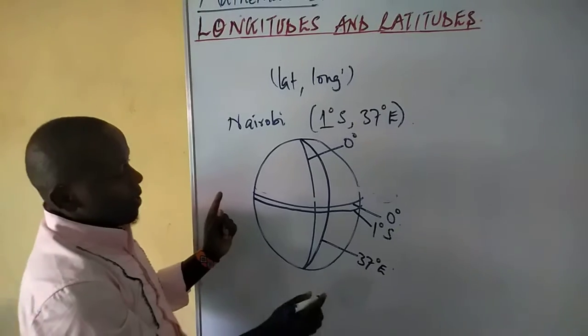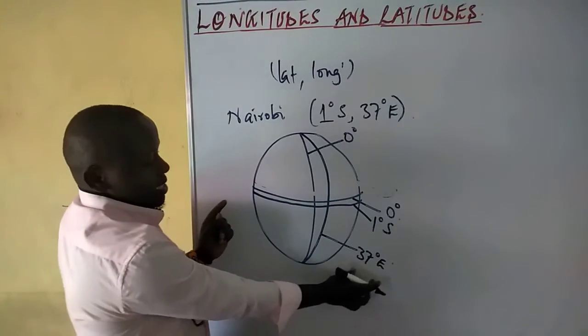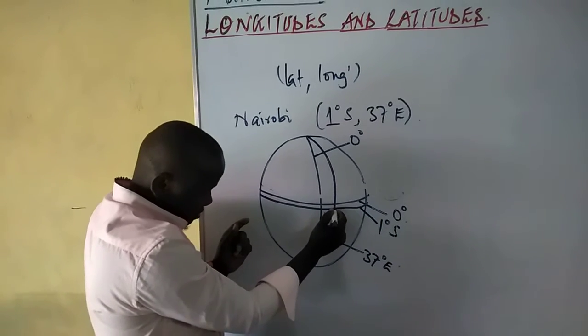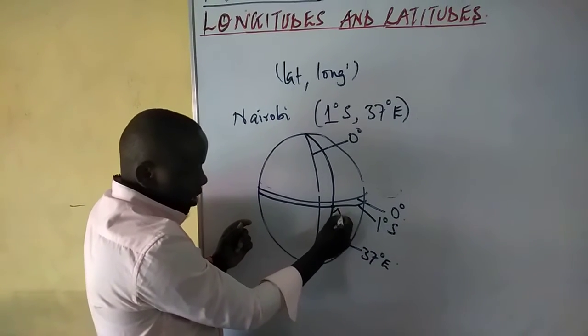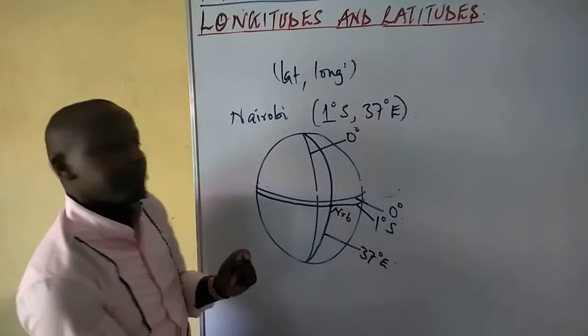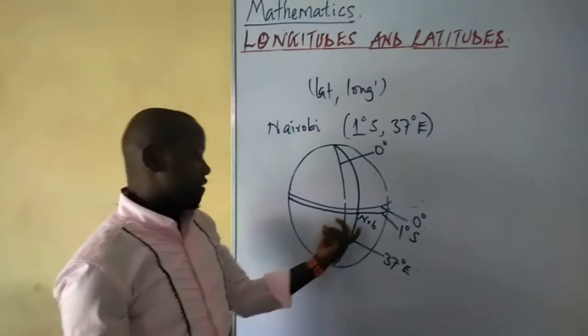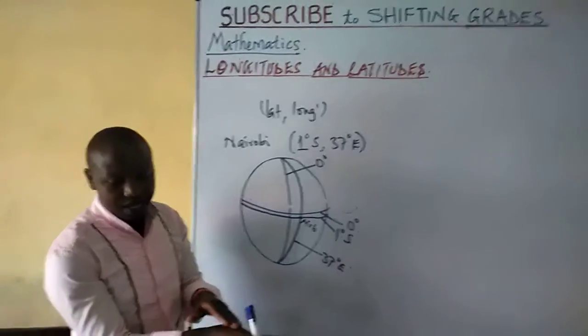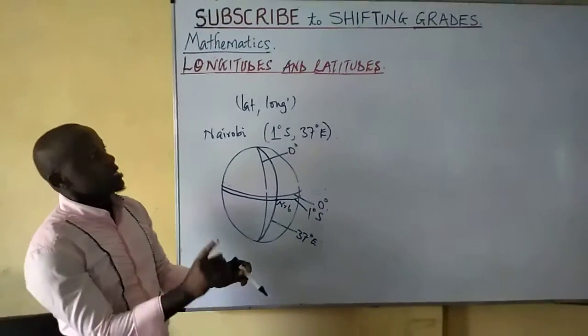Therefore, where the 7 degrees east and 1 degree south intersect, this intersection will give us the town we want. Like that. That's how we locate a place on the Earth's surface.